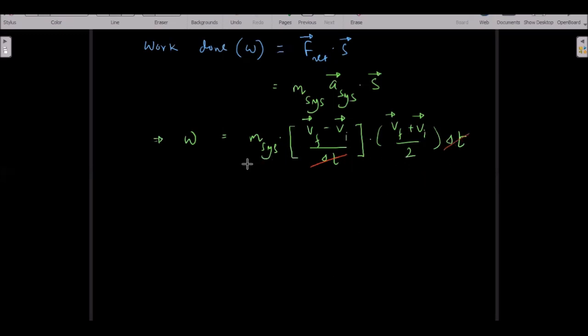This half factor will come in front. A plus B into A minus B is A square minus B square. So from there, W is equal to half M system into (V final square minus V initial square). Correct?